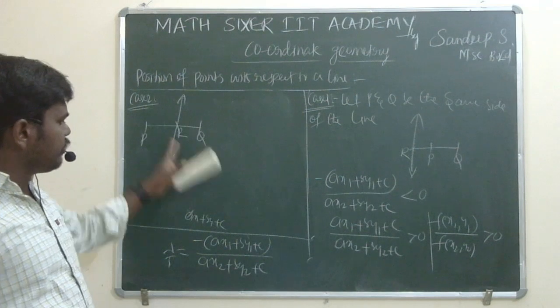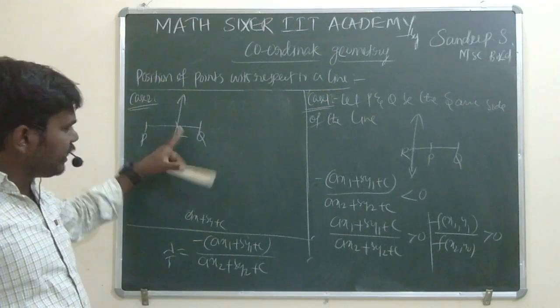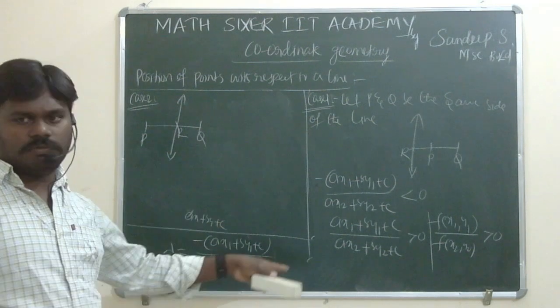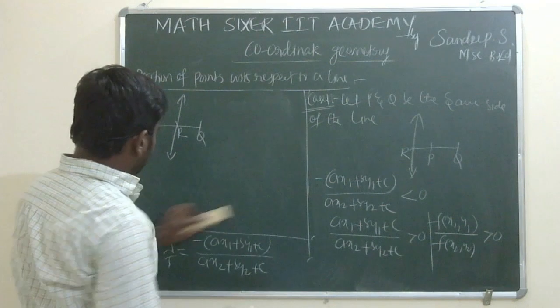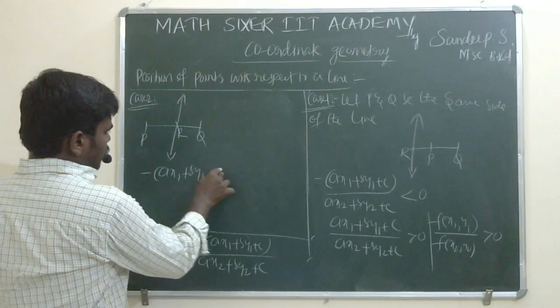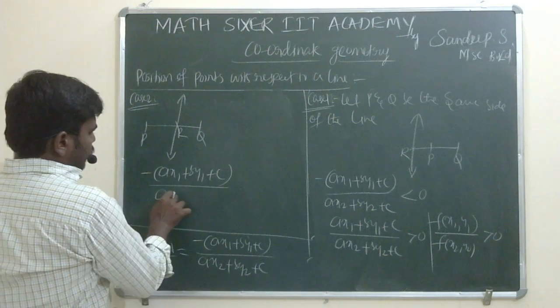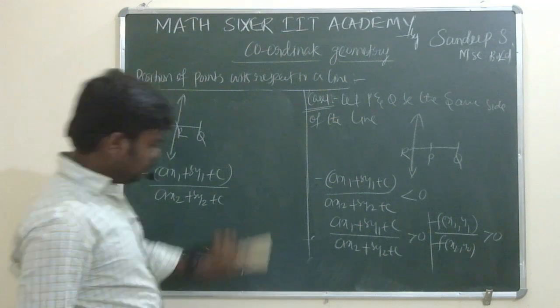In which ratio it is divided, lambda. Since it is dividing internally, the lambda value is positive. What is lambda? Lambda is minus (ax1 plus by1 plus c) divided by (ax2 plus by2 plus c). This is the value of lambda.